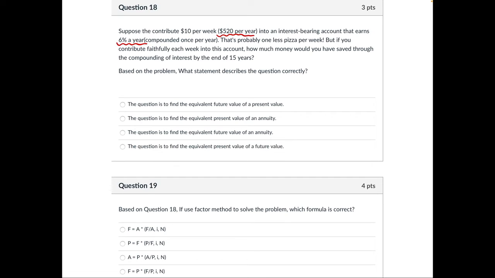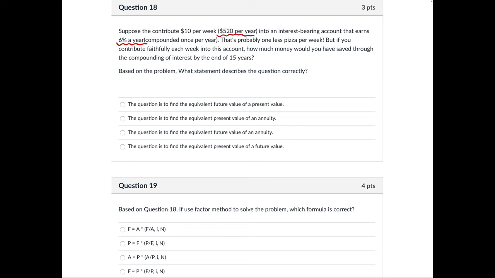Okay, that's probably one less pizza per week, which means if you skip one pizza per week, that money saved can be almost $10. Okay, and if you save that money into a saving account at 6% interest rate per year, you can save a lot of money. So now, if you keep doing this every year for 15 years, how much you can save.